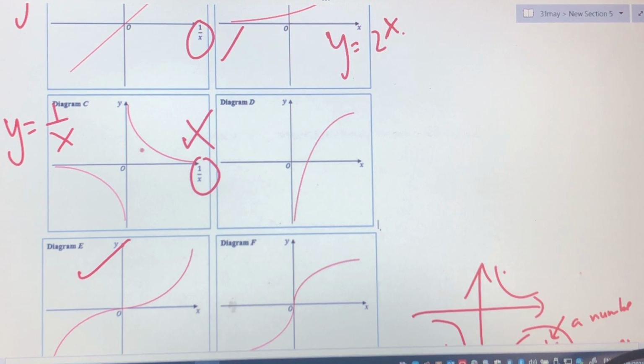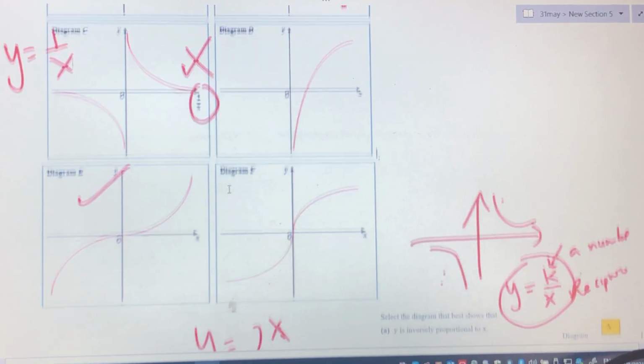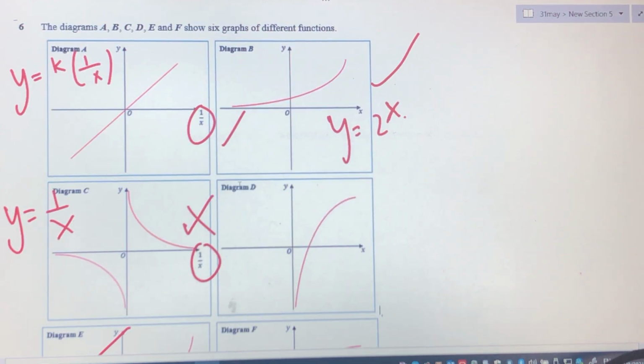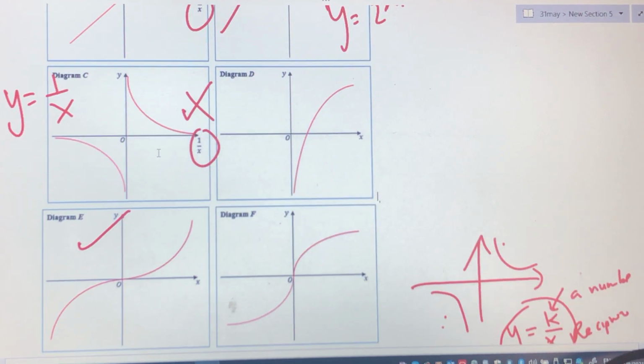Then this is not the answer for this particular one, okay? Because if you think about it, we want a direct relationship between y and 1 over x, okay? This one is not. If you remember your direct and inverse proportion, right? This is actually not the one, okay? Now, how about this?